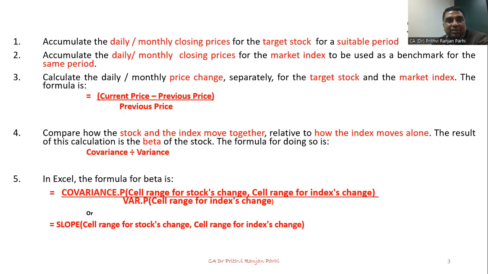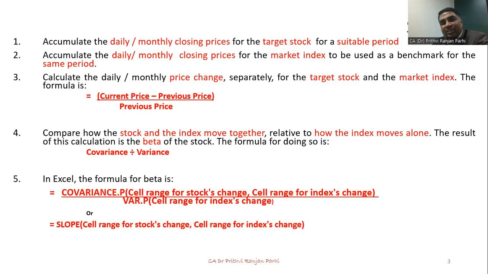Look at the steps. Step 1 suggests accumulate daily or monthly closing prices. With the help of these closing prices, we'll be computing the returns. And these closing prices have to be gathered for a suitable period, maybe 1 year, maybe 10 years. It is up to you. For a particular period, please compute their closing prices.